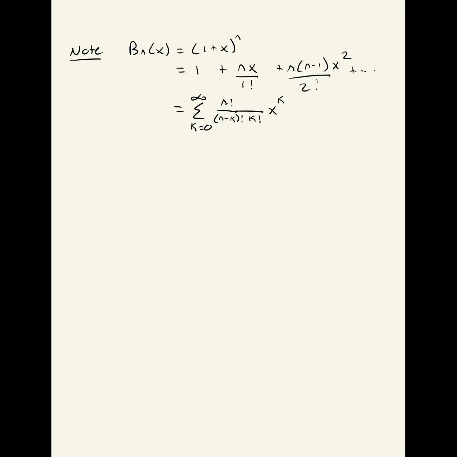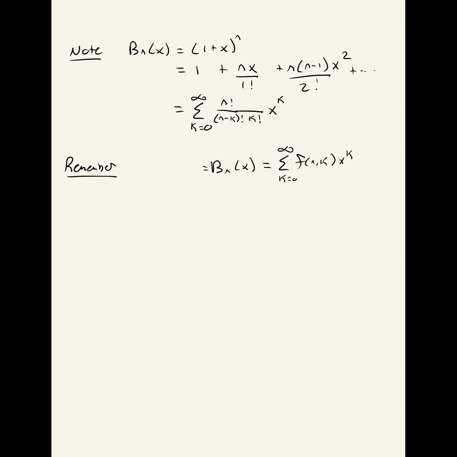Remember, B_n of x was initially defined to be the sum k equals 0 to infinity of f_nk of x to the k.